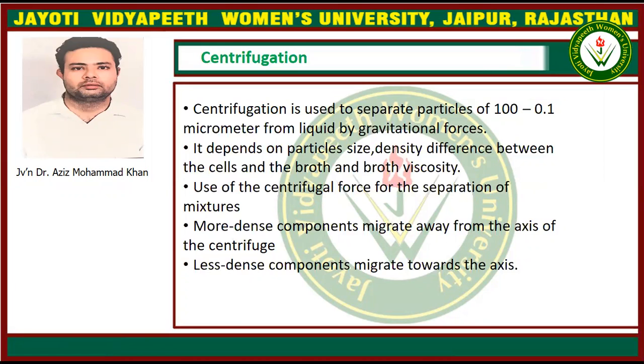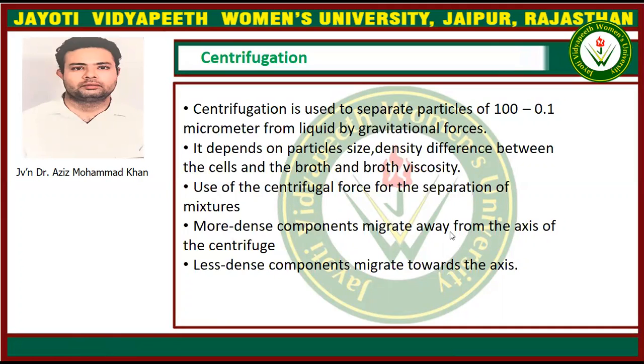So this is the separation basis, in which small particles remain in the upper part and the heavier particles get settled down using the centrifugation force, because when the machine is rotated, all the heavier particles will settle down due to their higher density, and the particles which have low density will be in the upper portion, which will be the supernatant, and the heavy particles will settle down in the pellet.